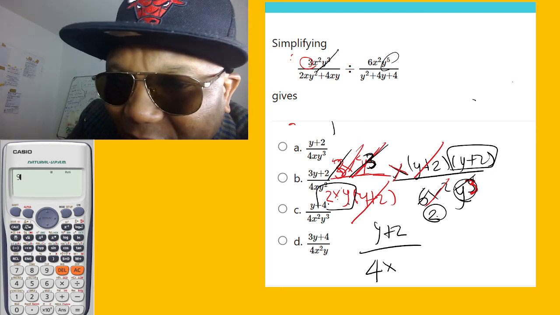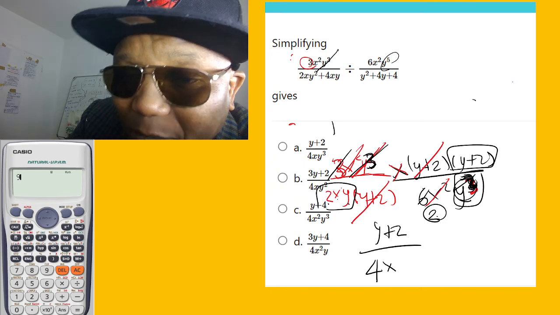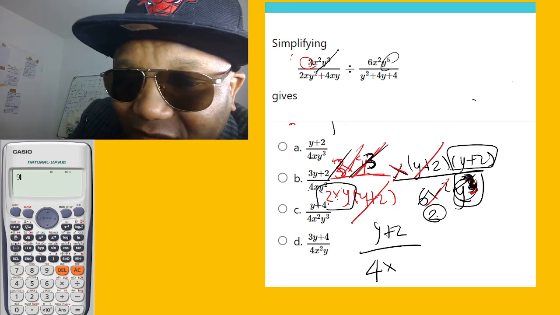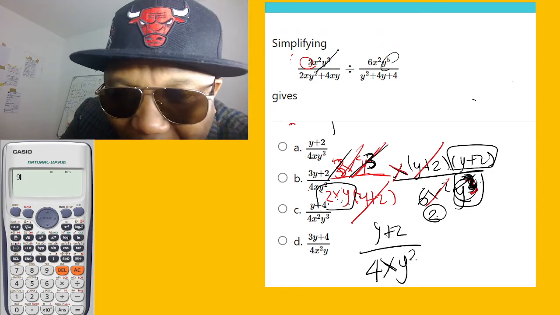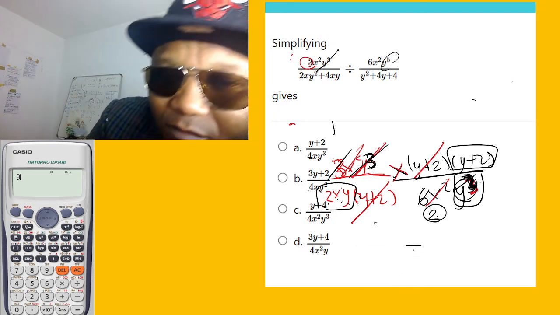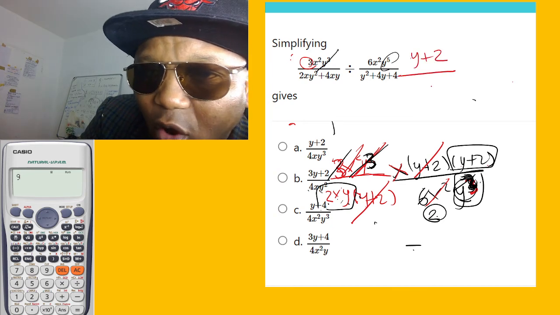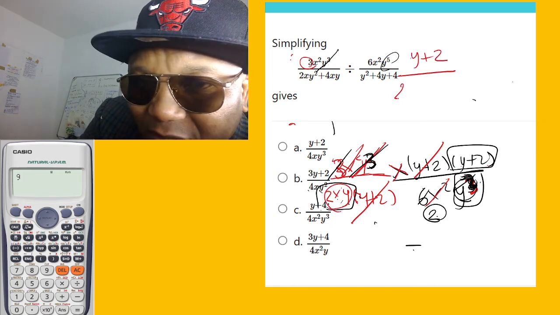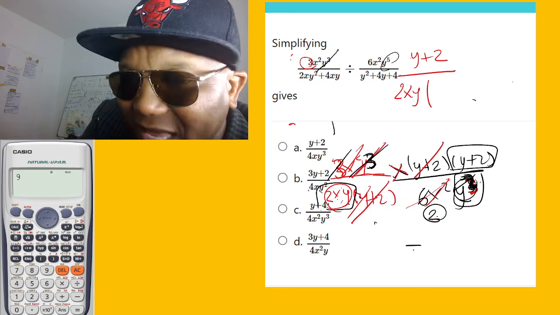Finish, y cubed. So this is going to be 4x, and the y, let me write so clear, on top: y plus 2 over 2xy, and here there was nothing, so we left it as 2y squared.